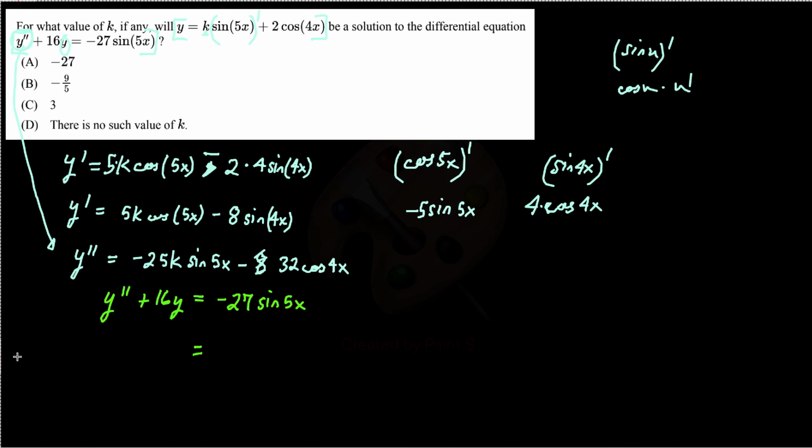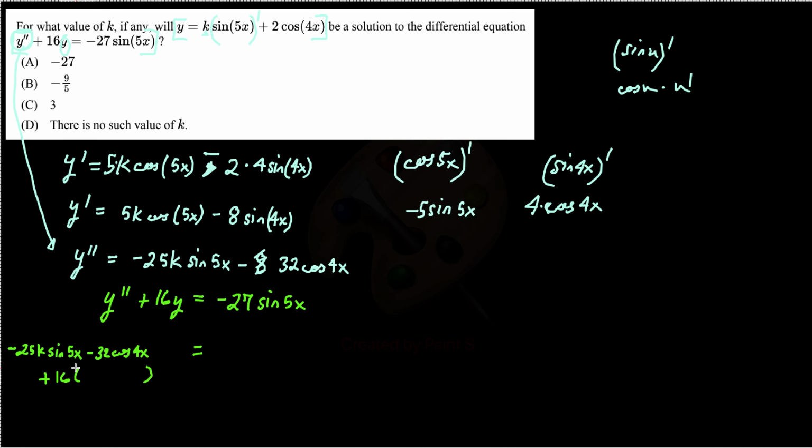Well, y double prime is negative 25k sine 5x minus 32 cosine 4x, plus 16 times y.